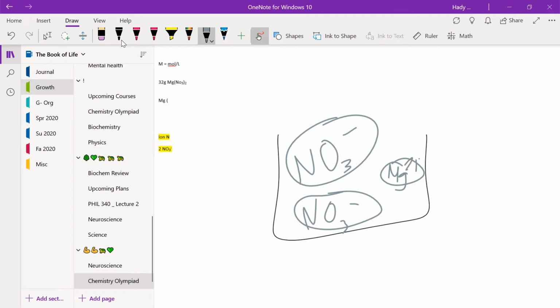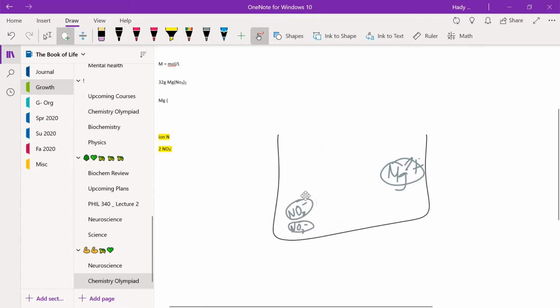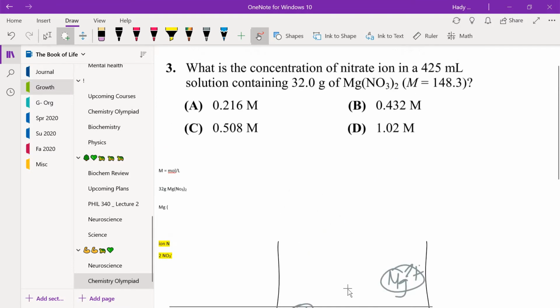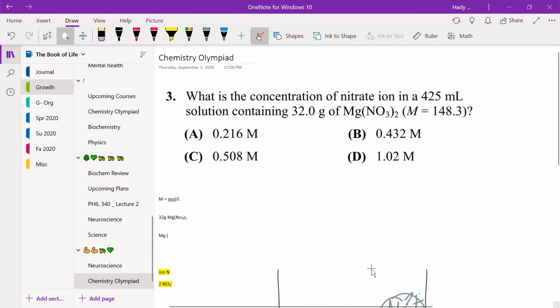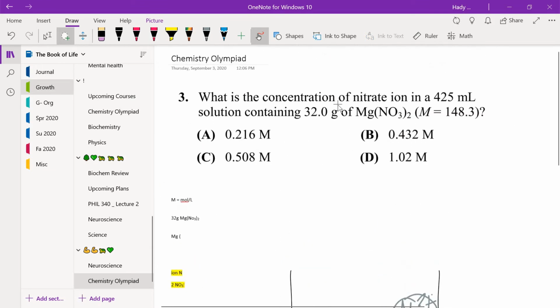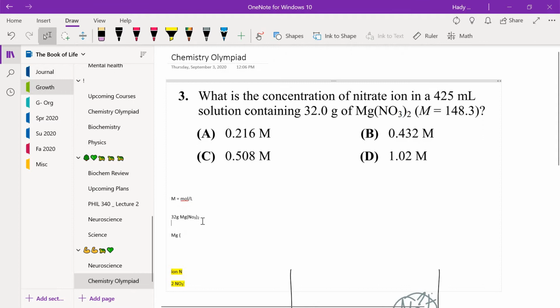Lost 2 electrons. And we kind of want to know the concentration of these nitrate ions. So we know there's 32 grams of this.